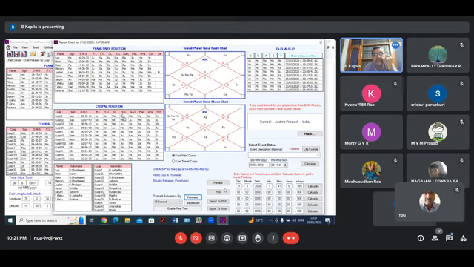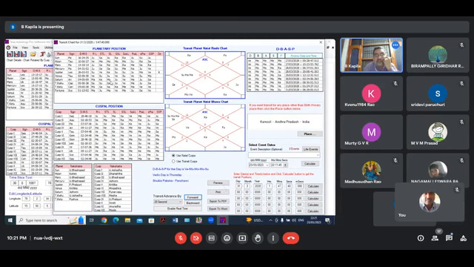So then I can change it further. After Rahu, I'll get Jupiter. Is Jupiter linked to moon? No. Then I change to Saturn. Is Saturn linked to moon?